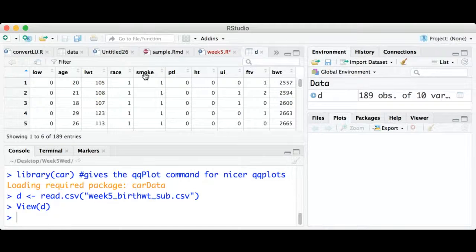This is the one I'm interested in, whether the mother was a smoker or not, and lots of other things don't tell you much. And then the other key variable is the birth weight, a numerical variable in the range of 700 to 4,990. So that's the birth weight in grams of the babies. Okay, so that's a quick look at the data.